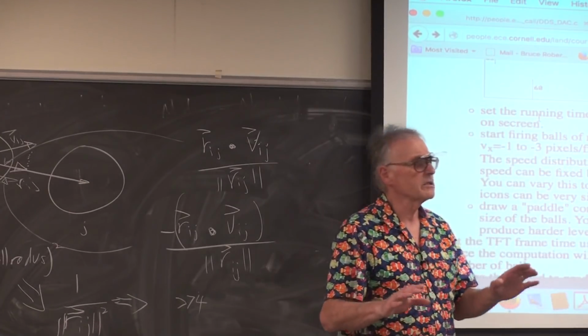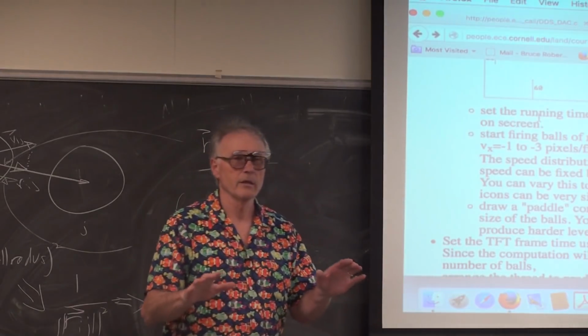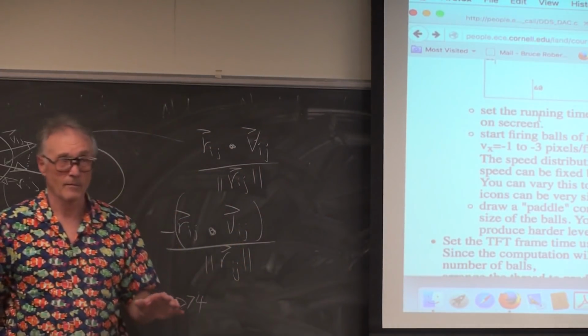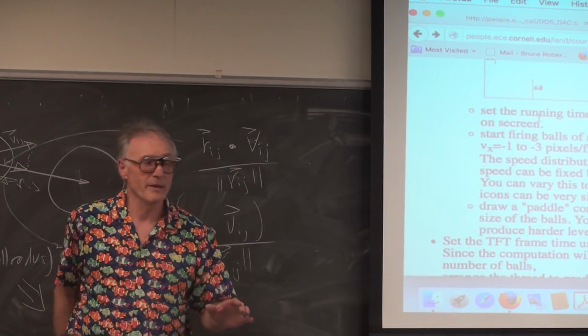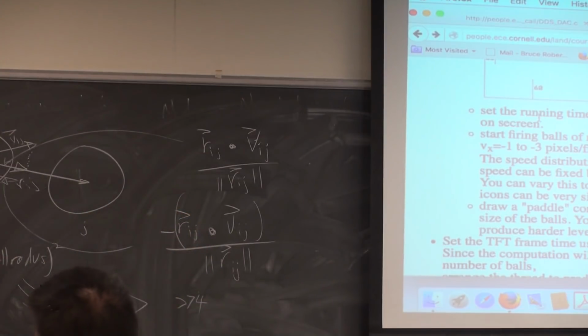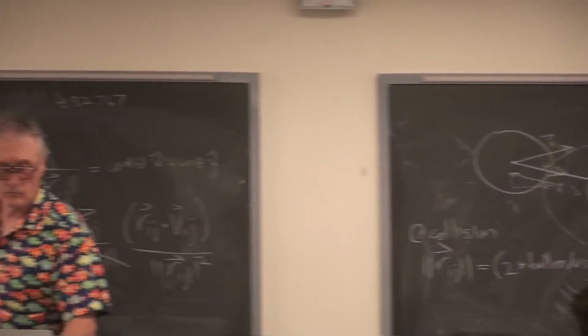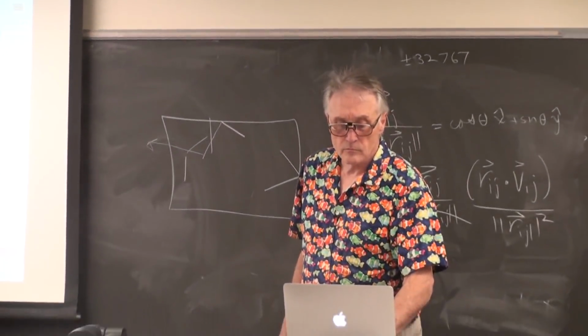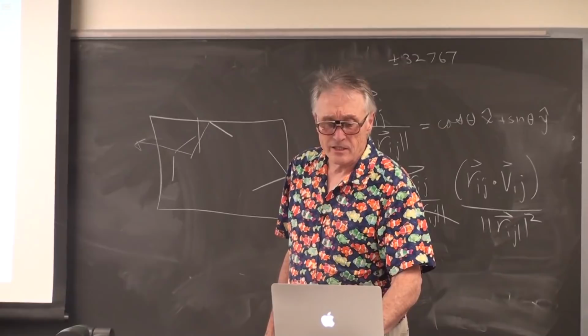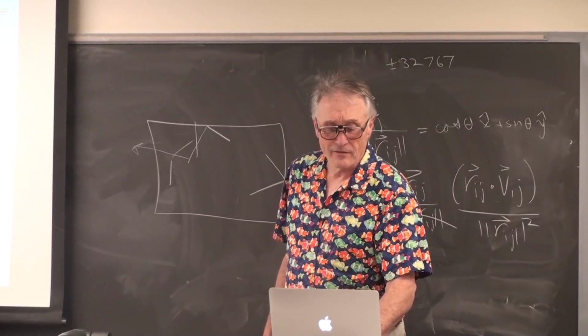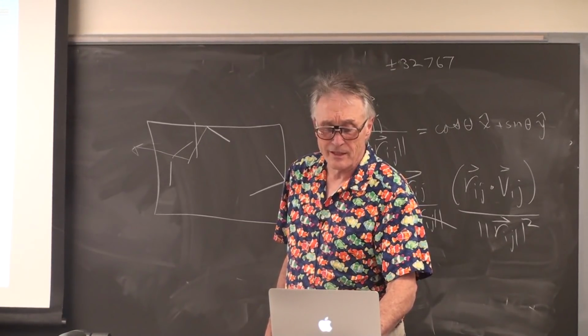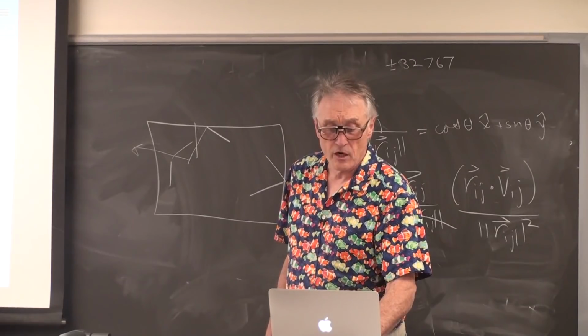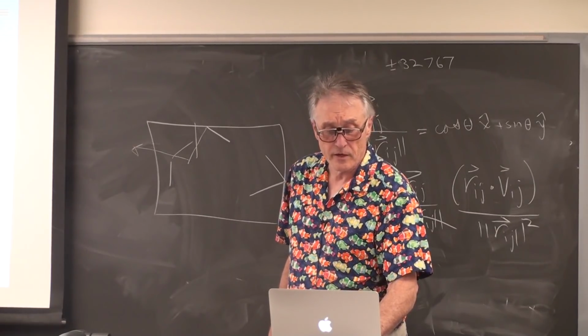As long as it's playable in a way that you like and meets the overall general specs of the lab. Draw a paddle consisting of a line segment with a size about 5 times the size of the balls. You can vary this to make the game more playable or to produce harder levels of play. Again, it's variable.